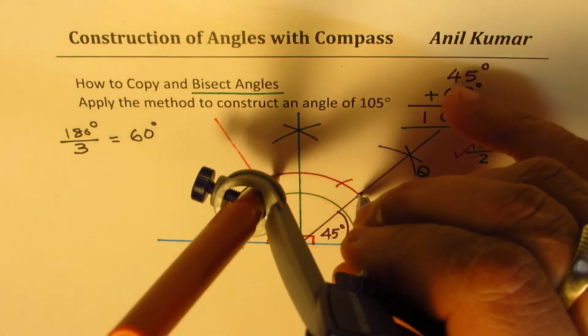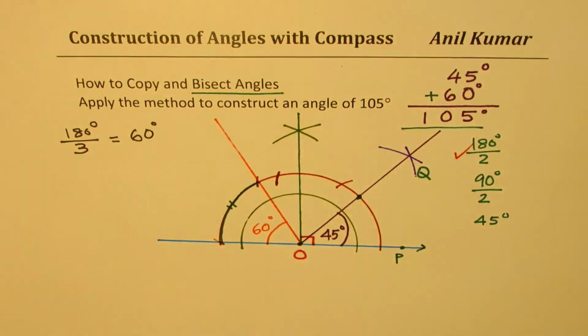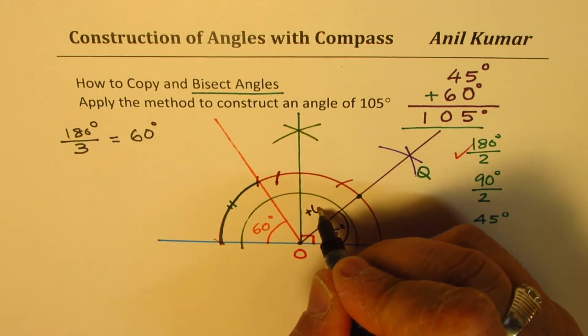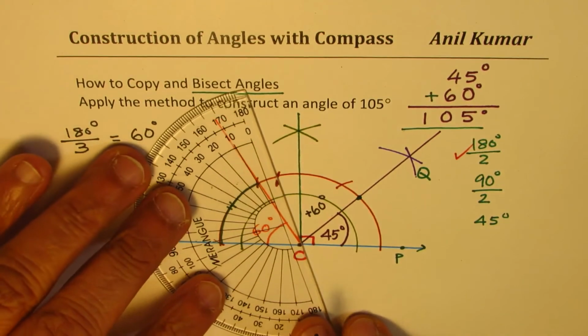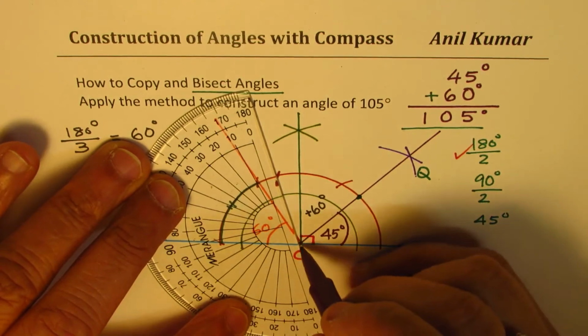And once I cut this on this line, then I've ensured that I have 60 more. So this from here to here gives me plus 60 degrees. If I join the point which I have just made or cut the cross, that is how I copied my angle of 60 degrees. Did you see that? So there you go.